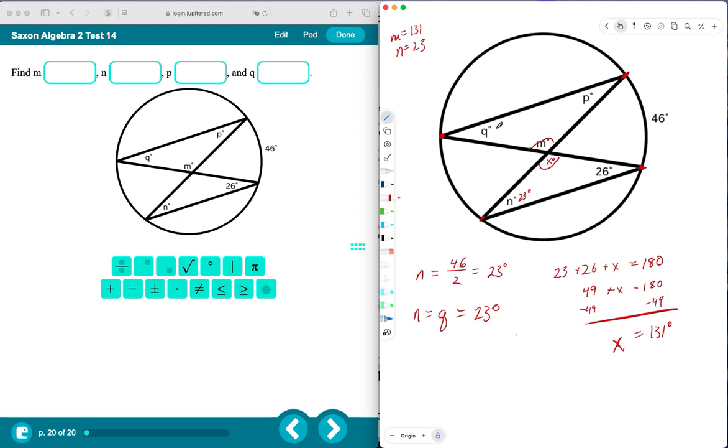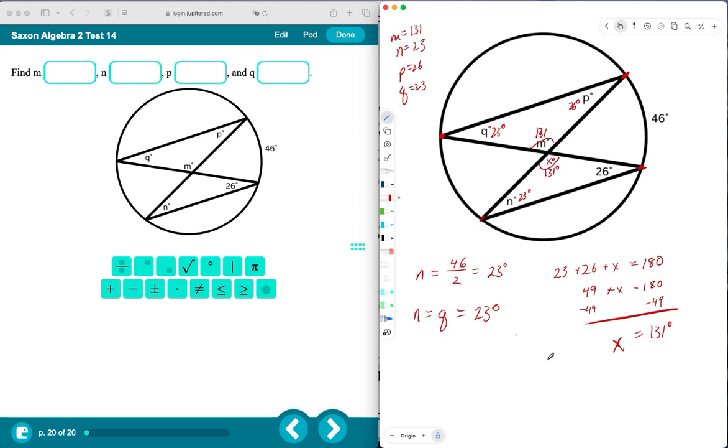And if this is 23 degrees, and we know that this is 131 and this is 131, then this has to be 26 as well. Then these two have to be the same as well. So P is equal to 26 and Q is equal to 23. And those are your results. 131, 23, 26, and 23 in order.